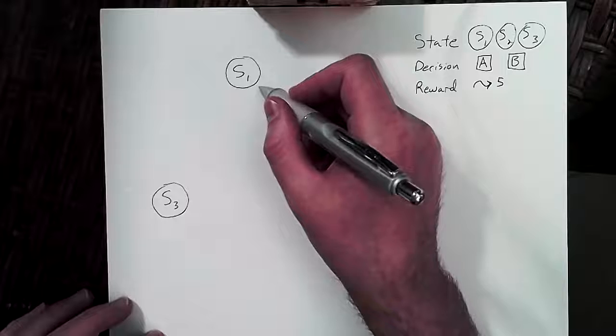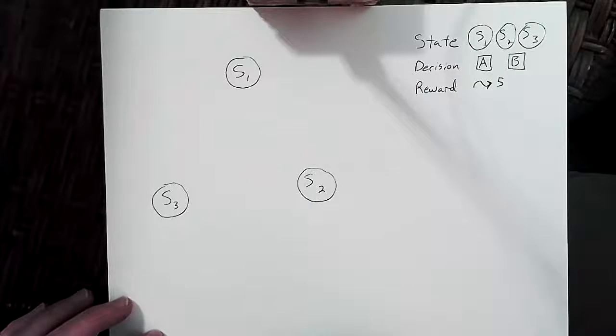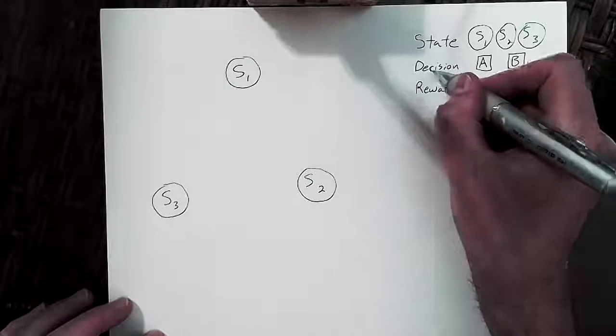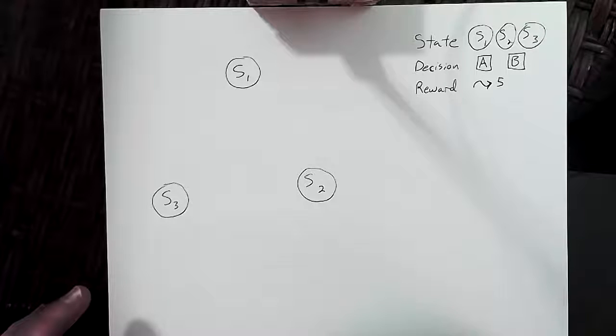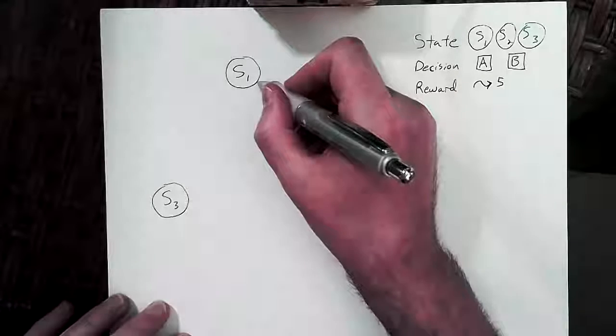So say in getting out of state 1, I can make a decision A, which could represent anything. So keep this one simple.